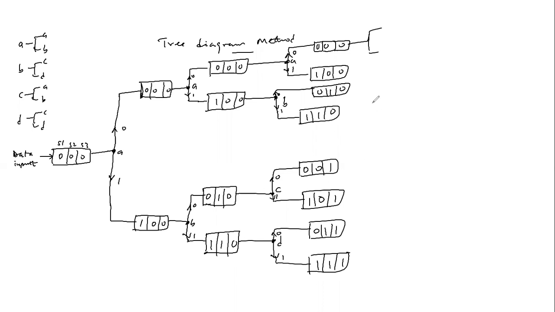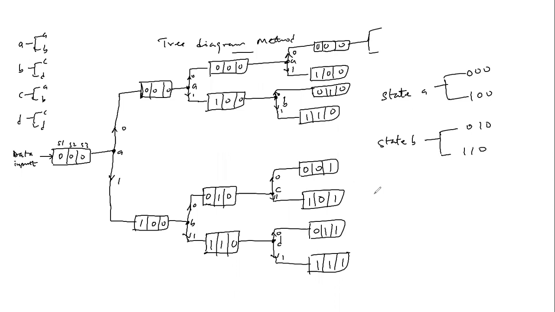So in this case, you observe that in state A, for instance, the branches lead to the shift register storing either 0, 0, 0 or 1, 0, 0. For state B, the branch can either store 0, 1, 0 or 1, 1, 0.